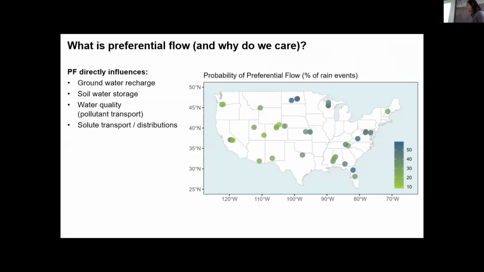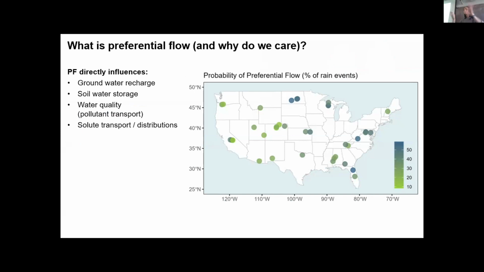The reason we care about preferential flow is, first, that it's important for where soil moisture is found in the soil, which matters for plants and microbial activity and all sorts of things. The rate that water moves through the soil also impacts how much and how quickly water gets into the groundwater system, which can impact local water yield. But preferential flow in particular has large impacts on water quality.